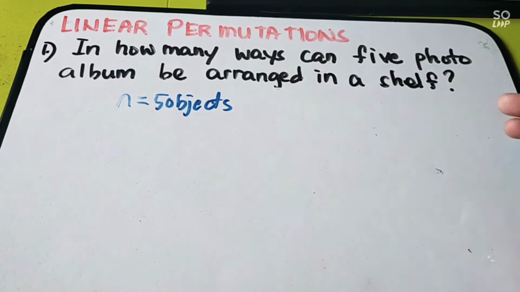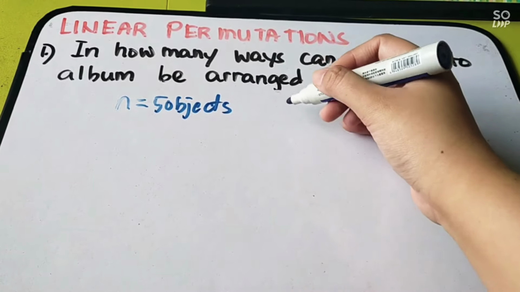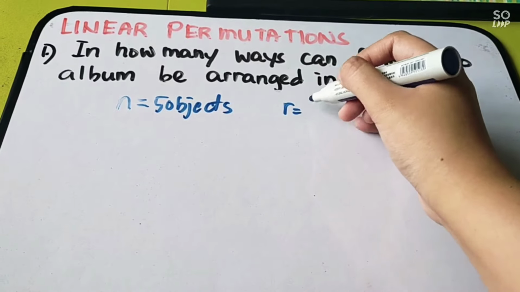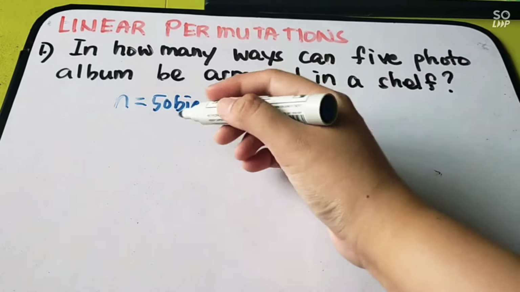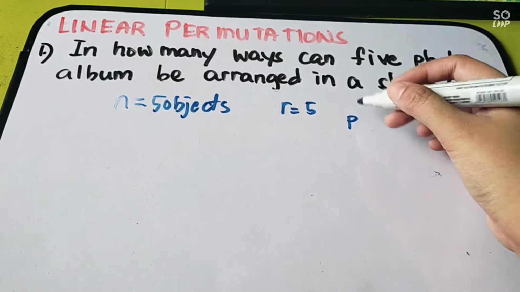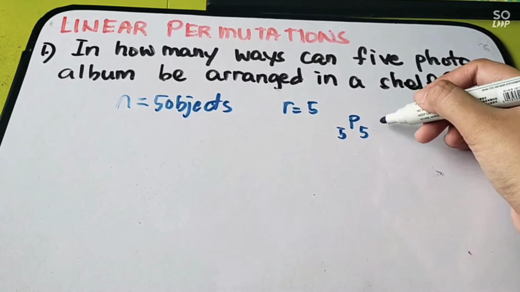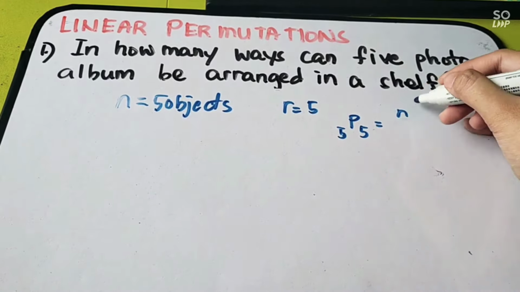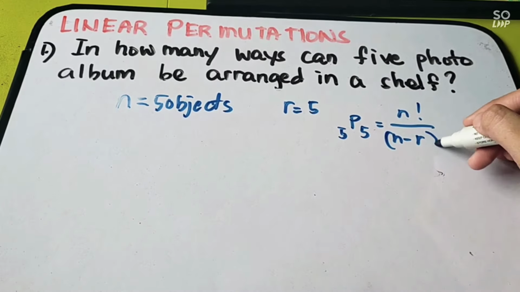So, ilan yung i-arrange mo sa shelf? 5 pa rin. So, you are going to take 5 pa rin. That is your r. We have 5. So, our formula, we have 5P5 is equal to n factorial over n minus r factorial.